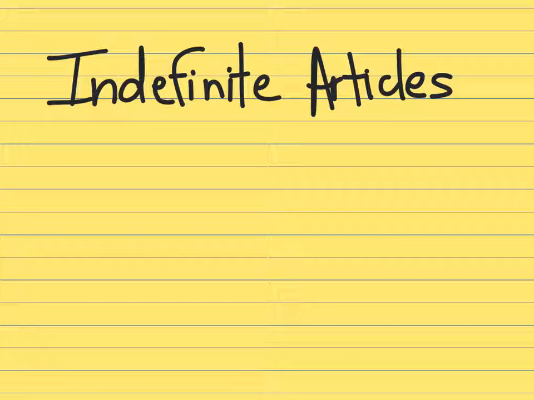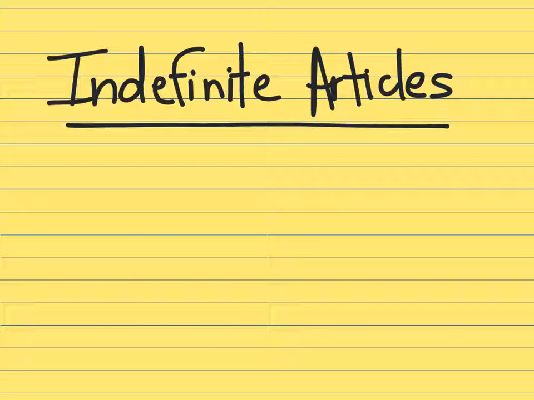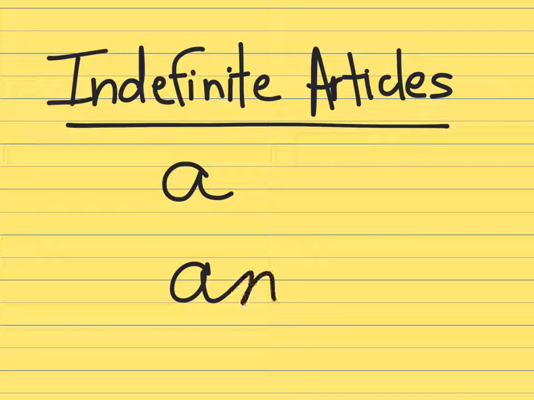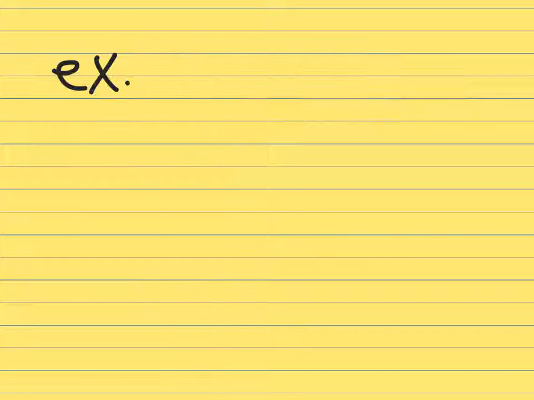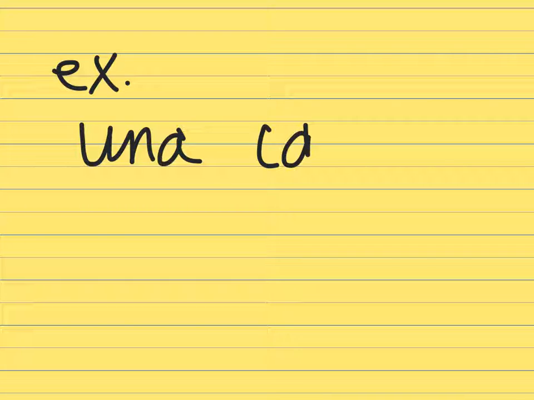Now, your indefinite articles. In English, your indefinite articles are a and also an. Examples of these would be una casa.